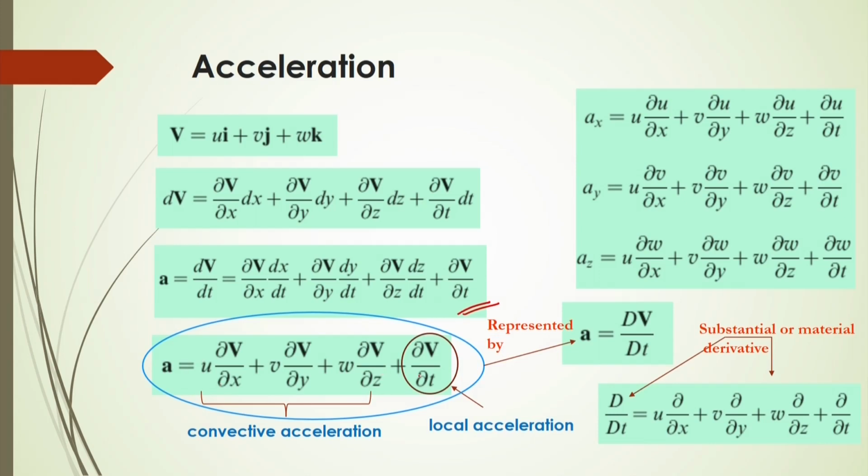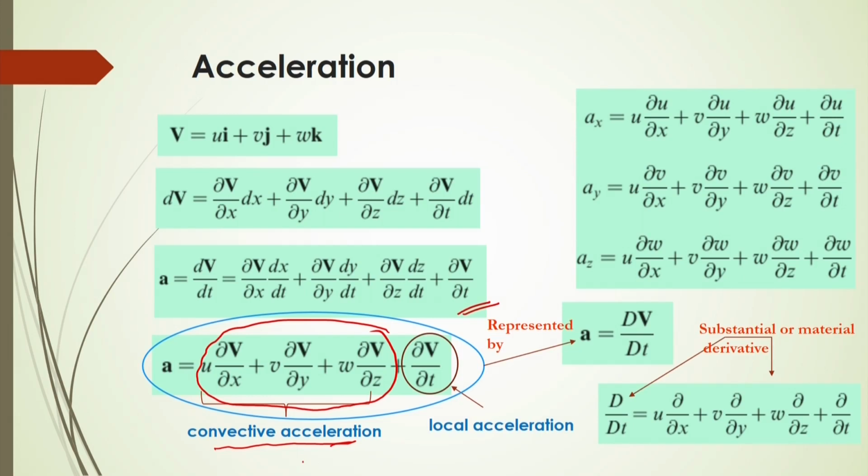Now, you will see two sets of terms here. The spatial terms of this acceleration, that is u into dou v dou x plus v dou v dou y plus w dou v dou z, these three terms are called the convective acceleration.